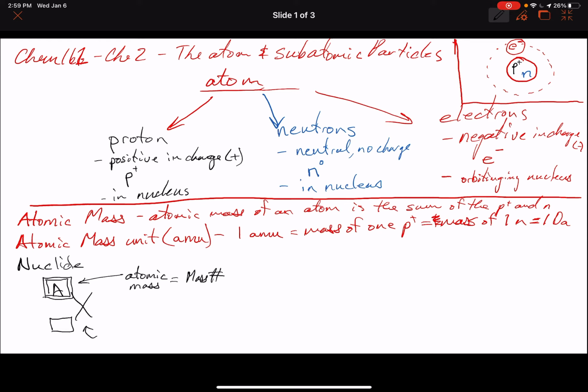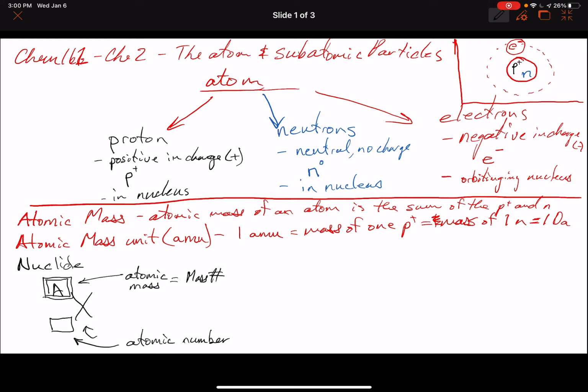In the other field down below, we're going to put the atomic number. Okay, you'll see that the atomic number is roughly the order number of the element from the periodic table. So the first element would be hydrogen, that would be atomic number 1. Thereafter we would have helium, that would be atomic number 2.